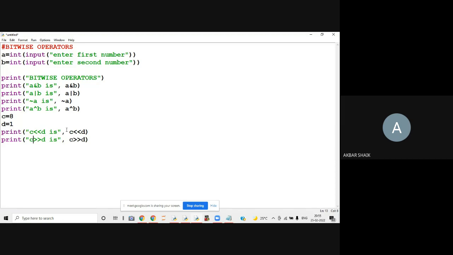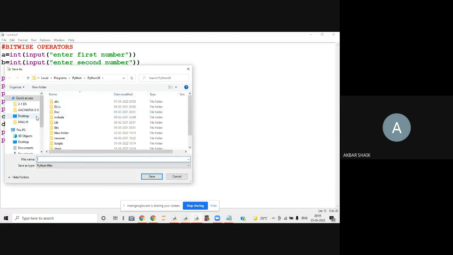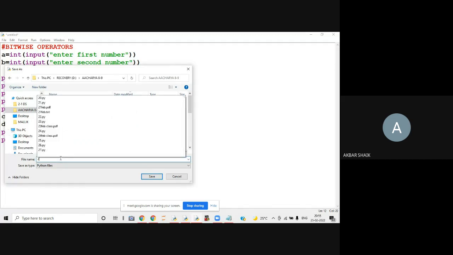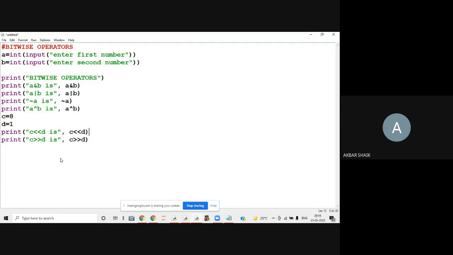So this is the program. Same numbers I'll give for your understanding, whatever we saw from the shell, the same numbers I'll give here also.